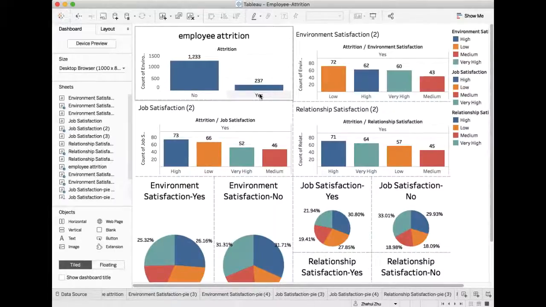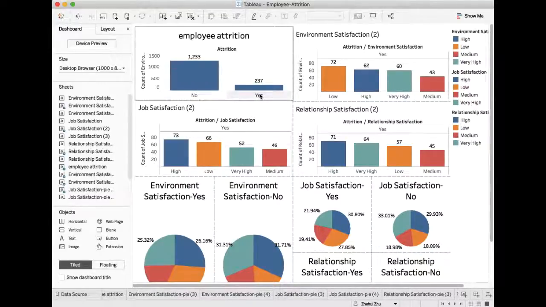And the second step, we consider only one factor at a time, and we find out the factors which influence employee attrition, from large to small, go from environment satisfaction, job satisfaction, and the last one is relationship satisfaction.